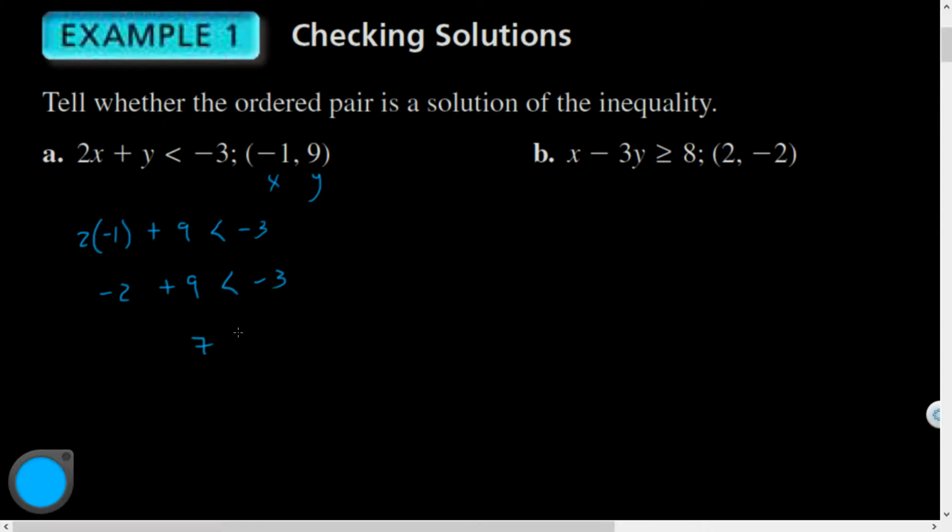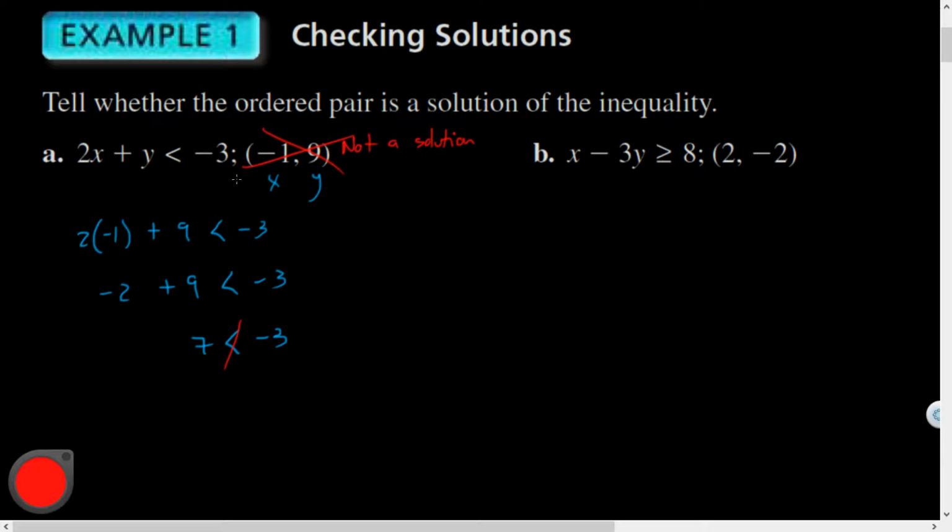I get 7 less than -3, which is not true. So that means this is not a solution.